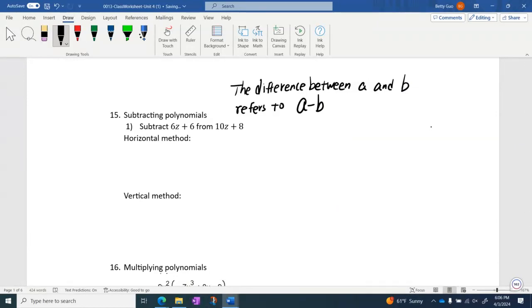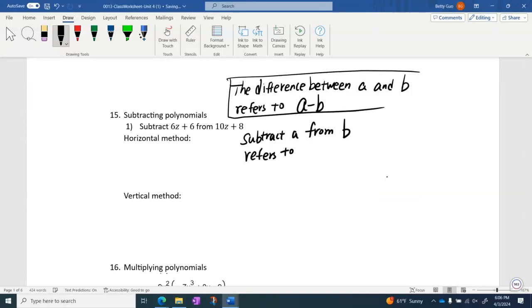And if we say subtract A from B, this is a different thing, okay? We are done with that part.